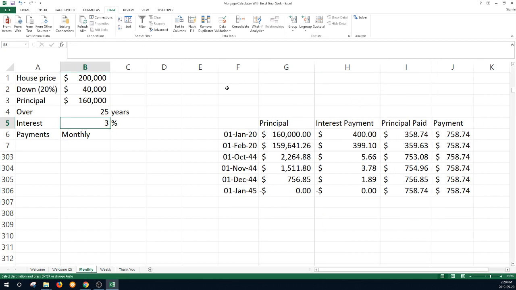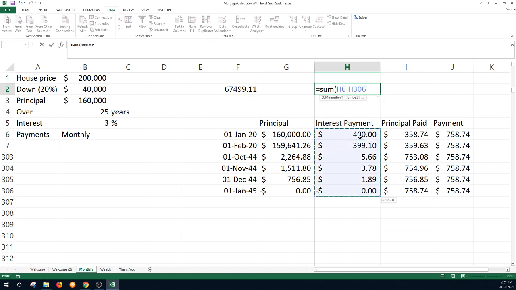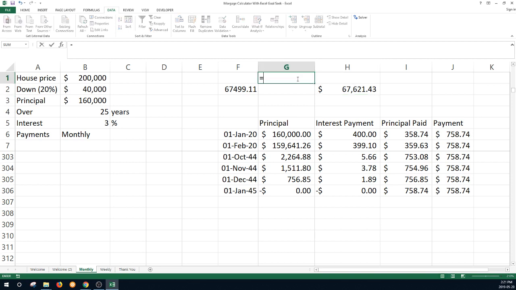Let's do the same comparison, but for monthly payment. $67,621. The difference is a total of $122.32. That's how much you would save if you made your payments on a weekly basis.